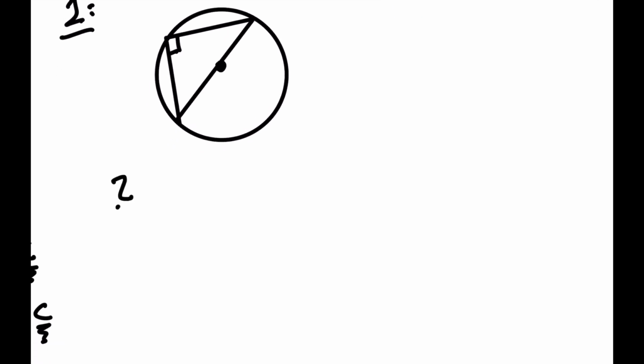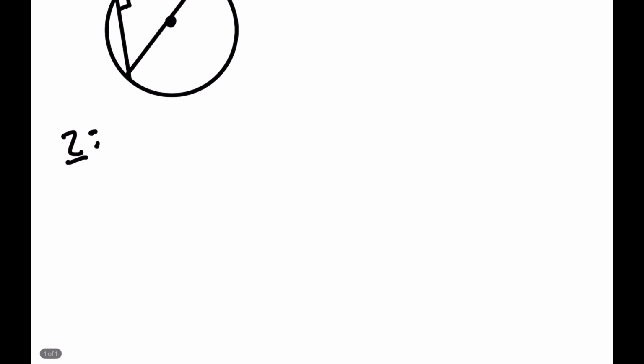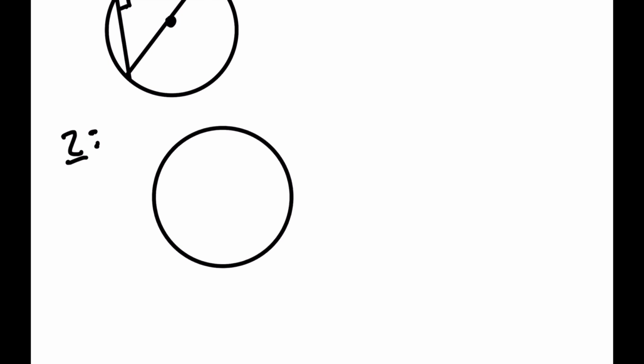Second rule, if we draw another circle, we can say that the radius, so say we have the center again, and we have a radius like this, the radius is perpendicular to the chord and it bisects it.